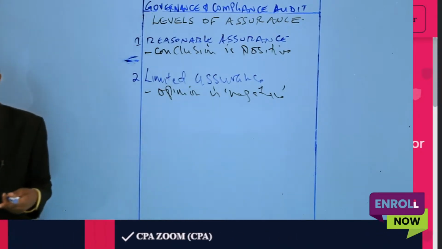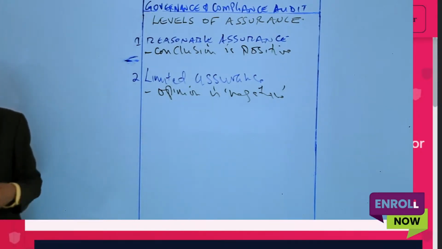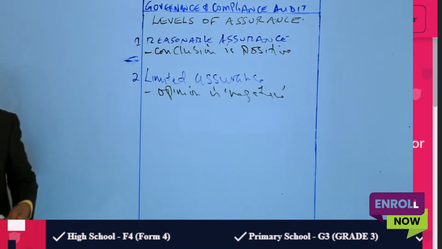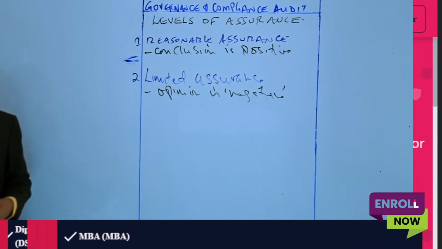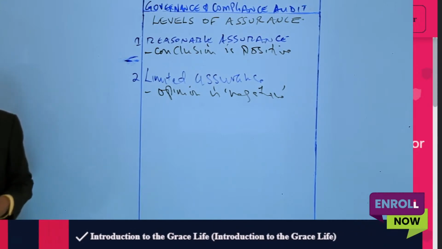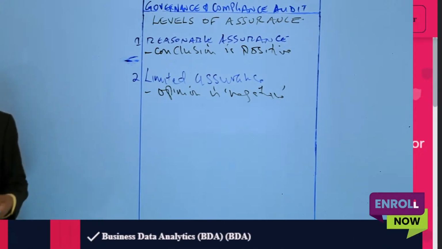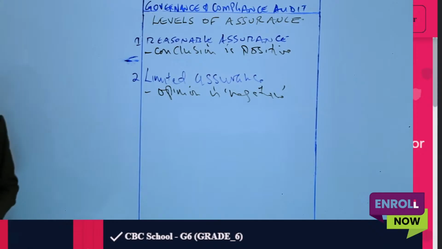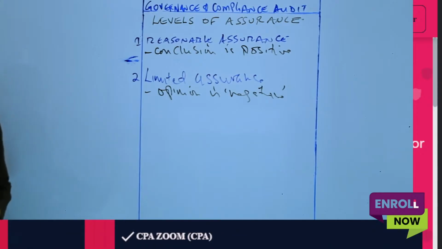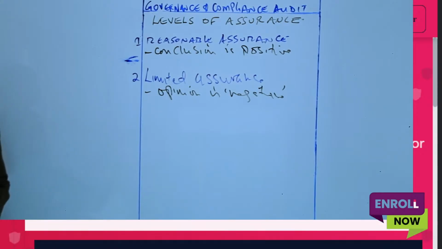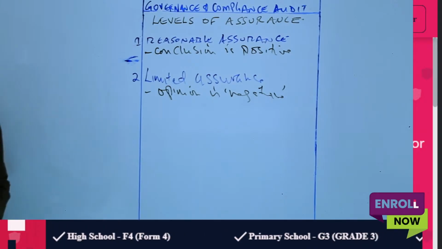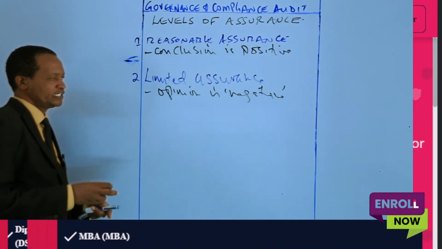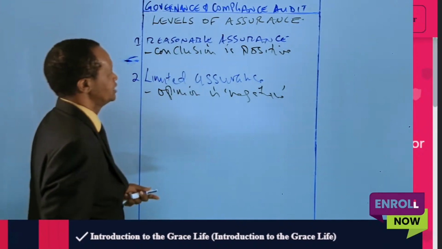Okay? A review of an organization's maybe first-time environmental or social governance. Or another example could be an initial assessment of a new business process or internal management requested reviews of routine operations. Is that clear, candidates? That is limited assurance.